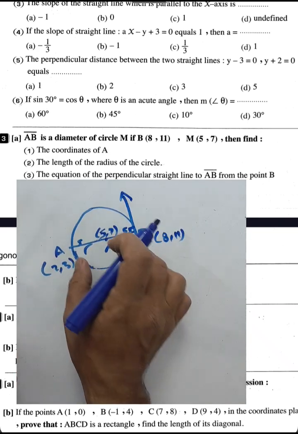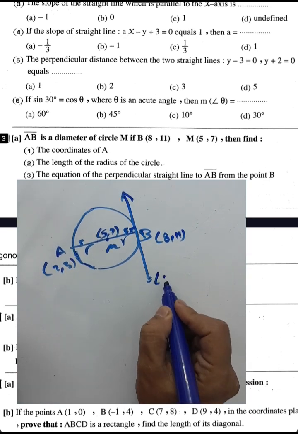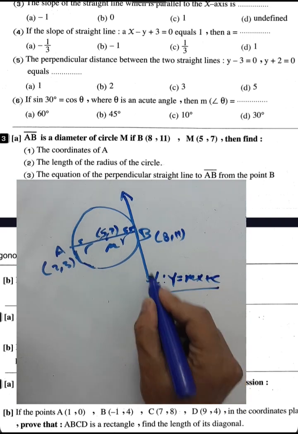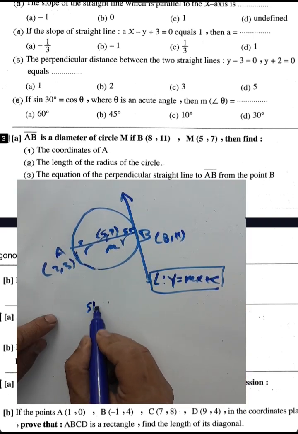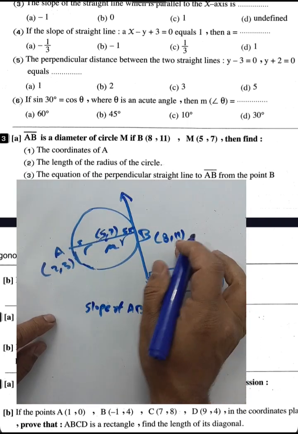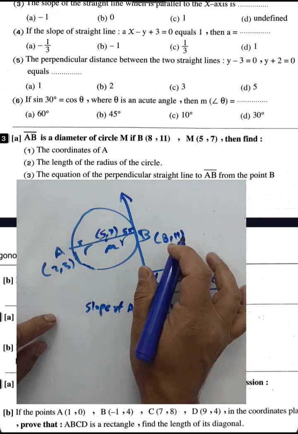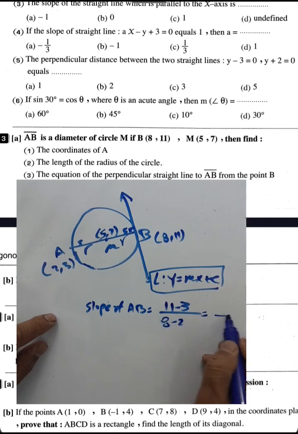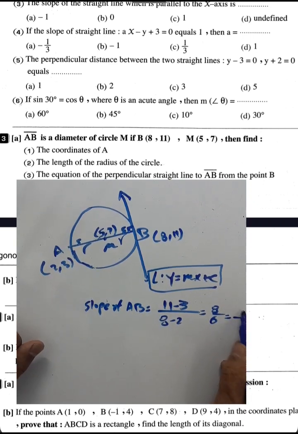Then slope 1 times slope 2 equals negative 1. I will put L such that y equals mx plus a constant, and we can find the slope of AB equals y2 minus y1, 11 minus 3, over 8 minus 2. 11 minus 3 equals 8, and 8 minus 2 is 6. The result will be 4 over 3.